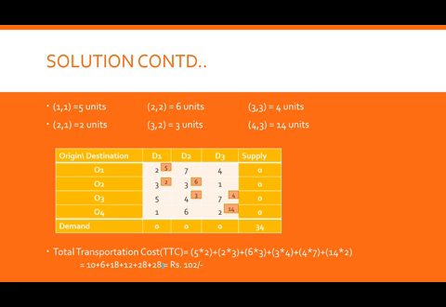No, 46 plus 28, 74... so the total transportation cost is 102. And this assignment structure that you have got is the IBFS. So my problem is solved.